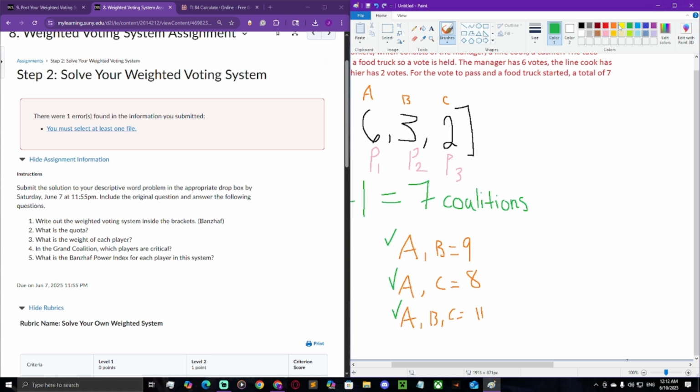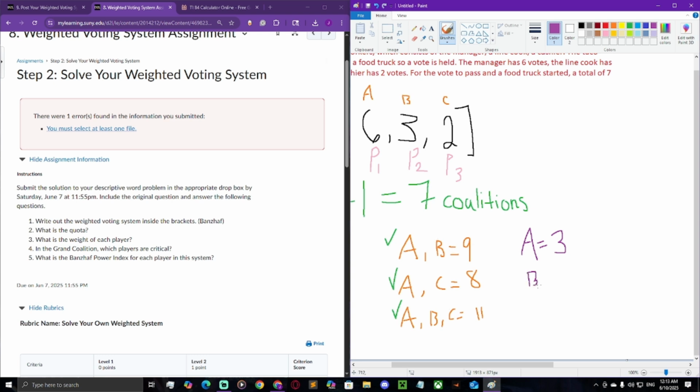So A specifically, let's go to purple. A is critical in 3 coalitions, 1, 2, 3.